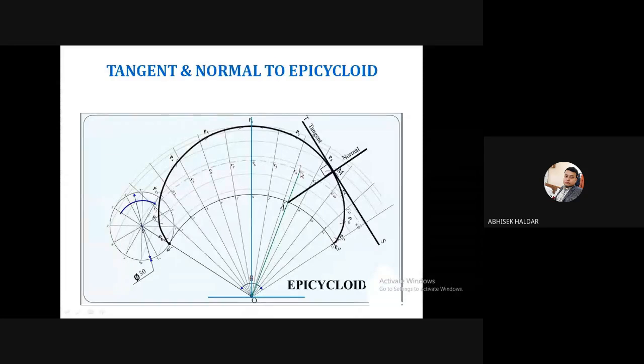While joining O, this straight line will cut the directing circle at this point N. Once we get this point N, join N with the arbitrary point M that we took initially and extend. That will be the normal to the epicycloid. Is this clear?